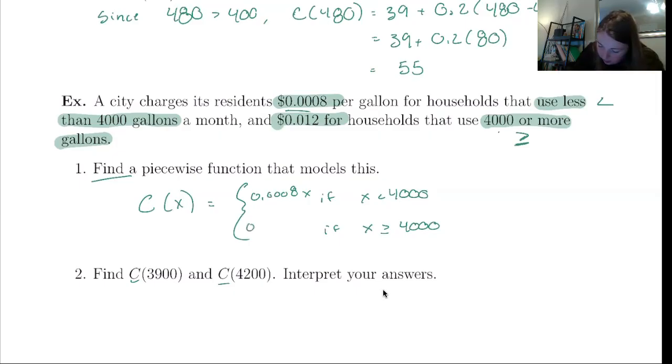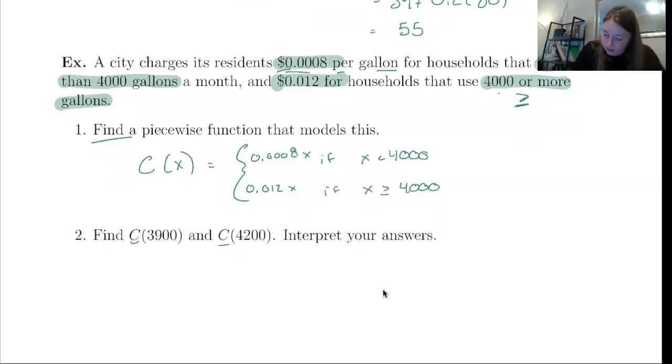And then 0.012 X for when X is greater than or equal to 4,000. If it's not clear that I just need to multiply by X, come to office hours or email me and we can talk about that. This is like $1 per gallon times gallons. The gallons are going to cross out, if you've ever done unit conversions, and I'm just going to get a dollar amount back, which I want for cost.